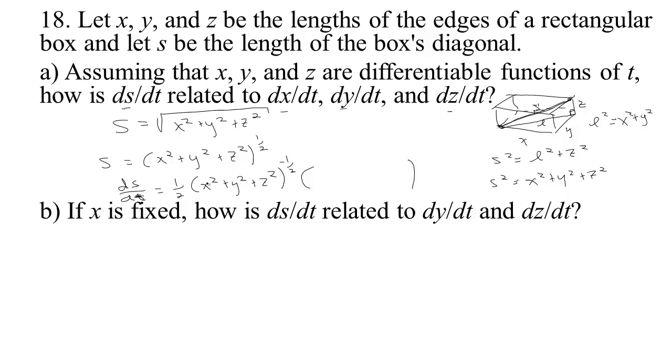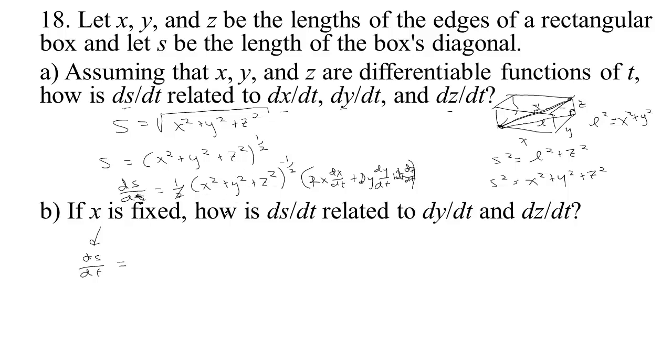The derivative of x squared would be 2x dx/dt, the derivative of y squared would be 2y dy/dt, and the derivative of z squared would be 2z dz/dt. So we have this relationship here. I notice that there's a 2 in each of these, so it could be factored out to cancel with this 1/2, and so we would have finally ds/dt equals, let's see, this is a square root downstairs.